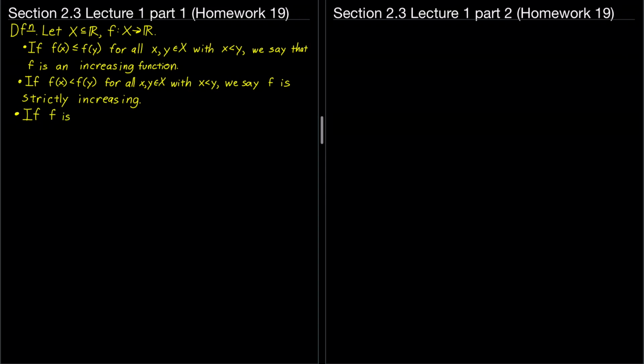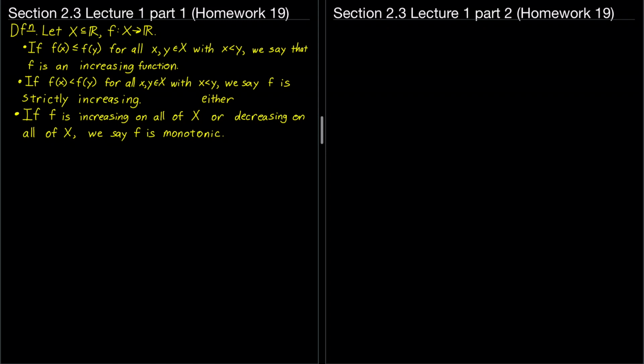If f is increasing on all of X, or decreasing on all of X, the term for that is, we say f is monotonic, because there are a lot of theorems that are true about both increasing functions and decreasing functions, so it makes our life a bit easier if we can have one word that means either increasing or decreasing.